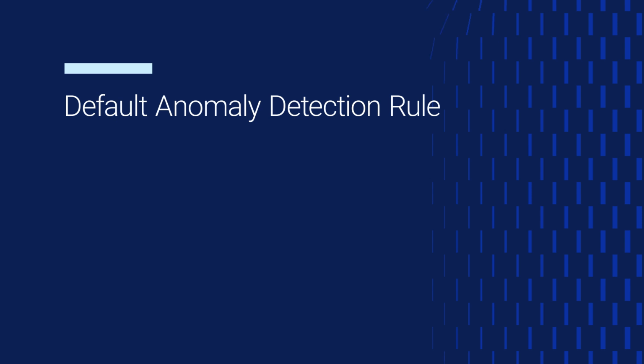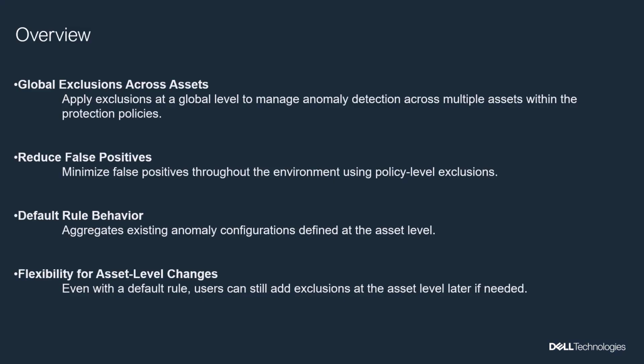Now let's see the second enhancement, which is the Default Anomaly Detection Rule. With the Default Anomaly Detection Rule, users will be able to create a default global exclusion policy for anomaly detection across all the assets existing in policies where anomaly detection is enabled. Doing that will reduce false positives throughout the environment using these policy level exclusions.